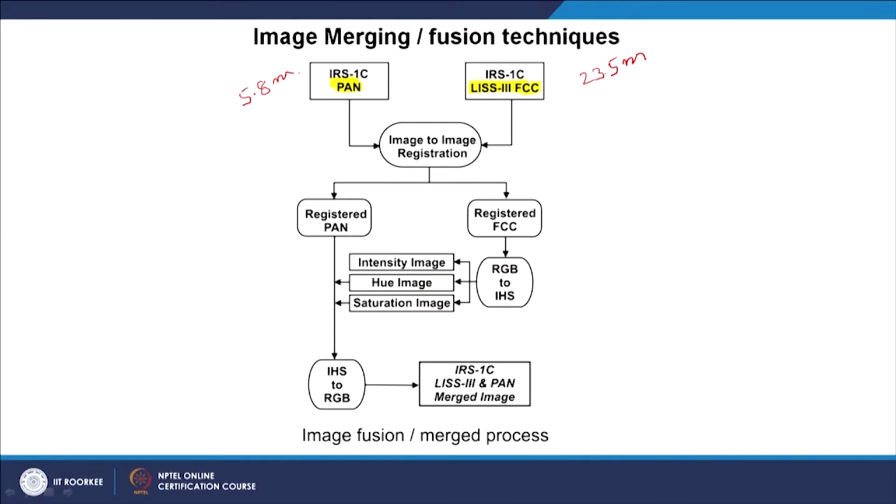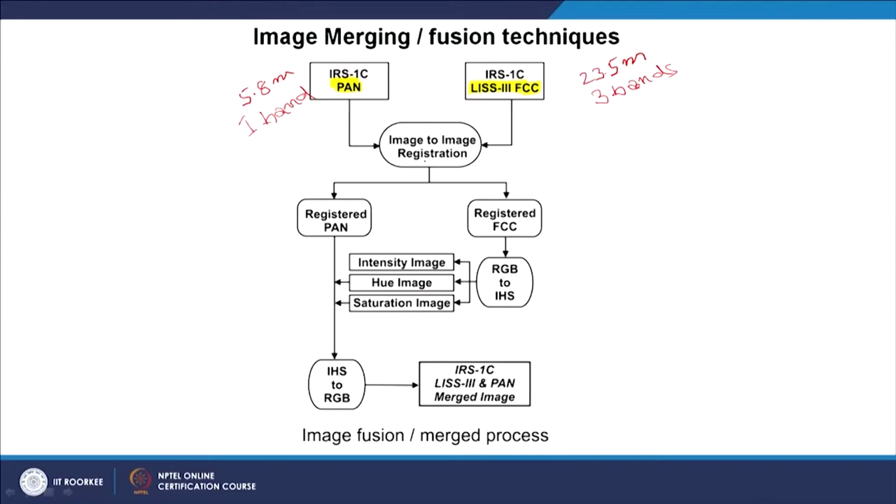But here this is a pan image, so I have just a single band here, and here, since it is FCC, I have 3 bands. So using these two qualities of two different images belonging to the same area, the first step is to do the image to image registration.